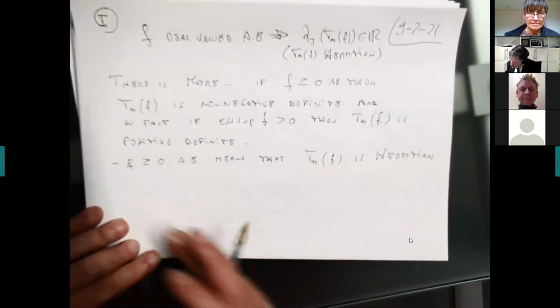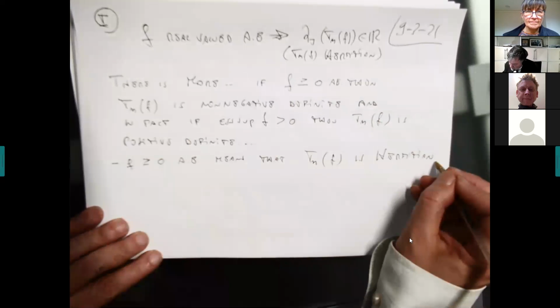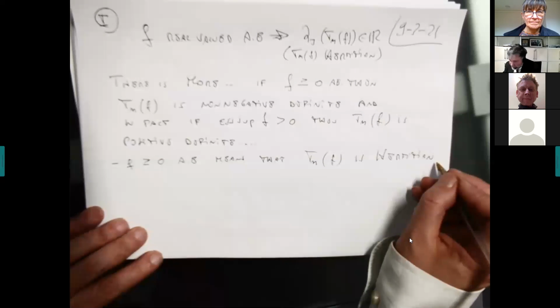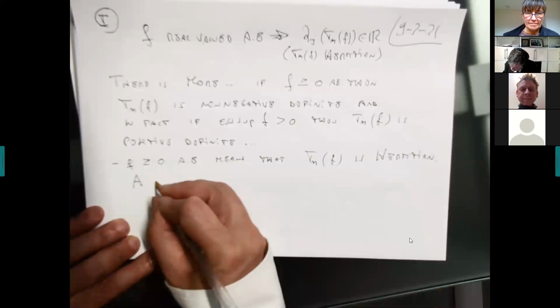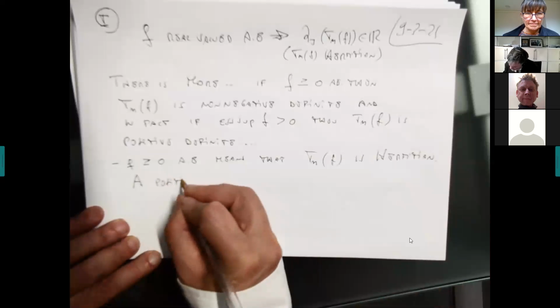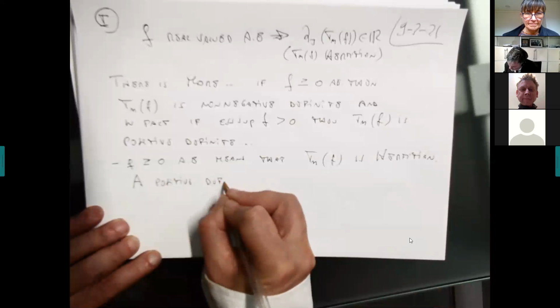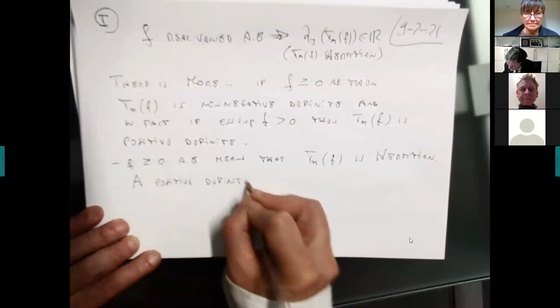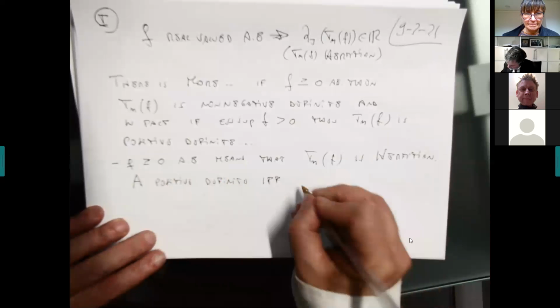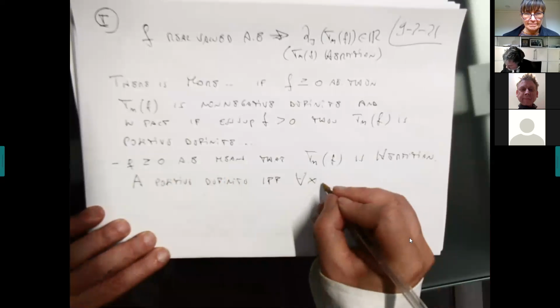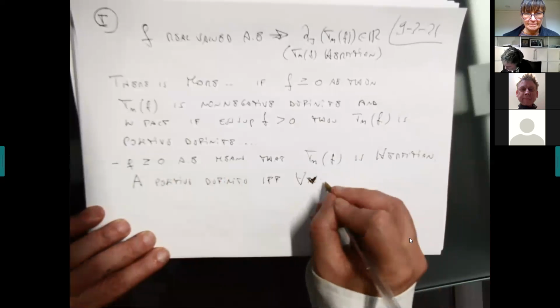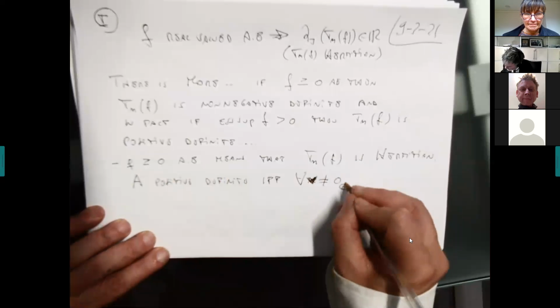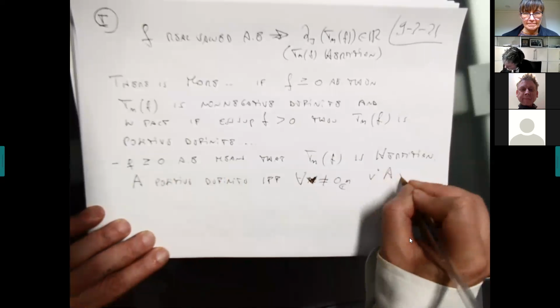Now you should remember what is a positive or non-negative definite matrix. A is positive definite if and only if for any vector v different from 0 of C^n, v star A v is positive.